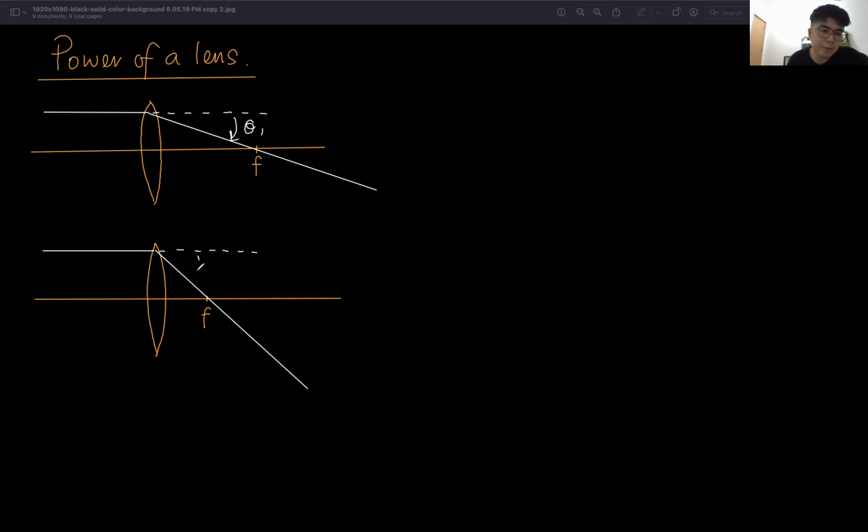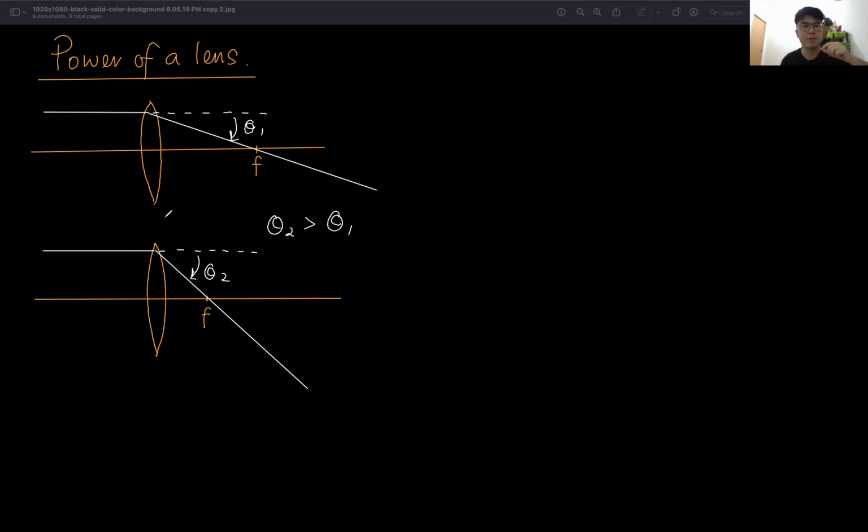The deviation over here is angle 2. Angle 2 is more than angle 1. The deviation of the light ray is more in the second lens. What is the relationship with the focal length? You can say that the smaller the focal length, the more the deviation. The ability of the lens to deviate the light is power.